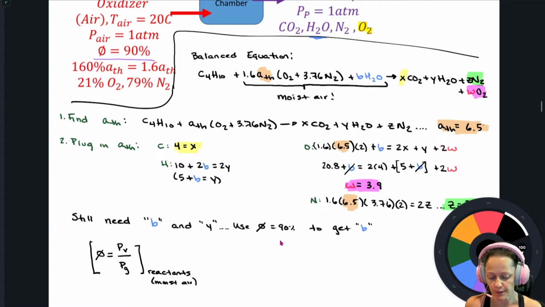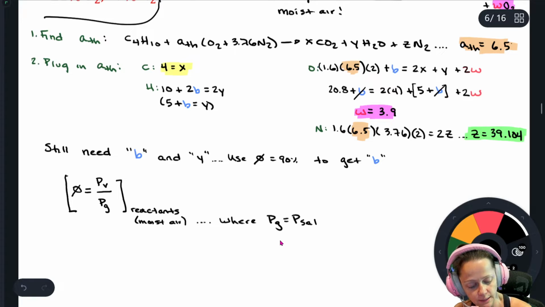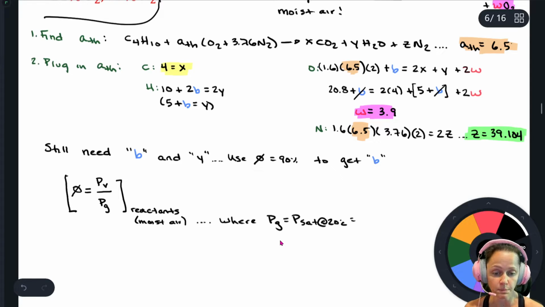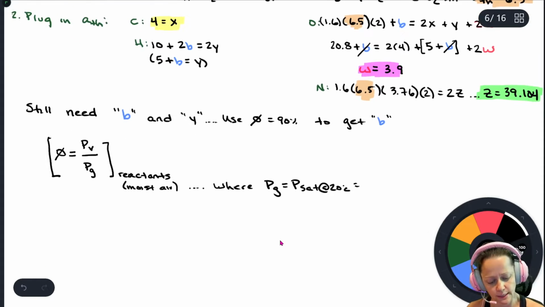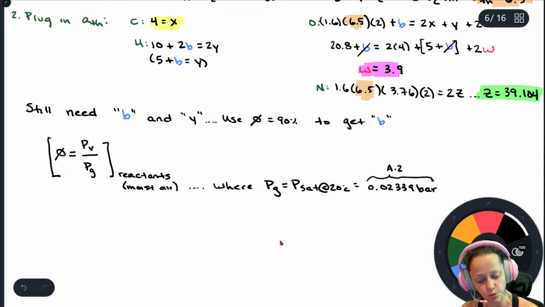I could probably figure out that PV. The P sub G is the Psat at whatever the temperature is for that moist air, which I see is 20 degrees Celsius. You can look this up. I have got 0.02339 bar. And again, I can get this in table A2.